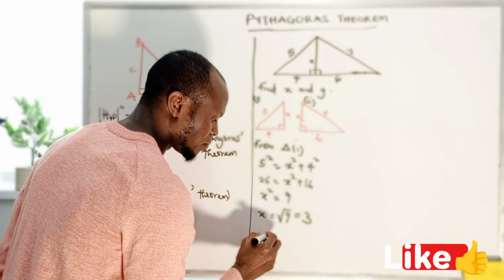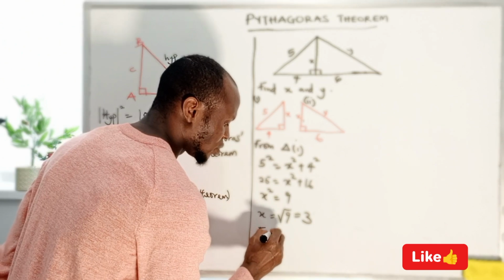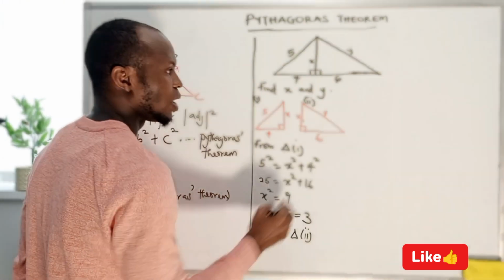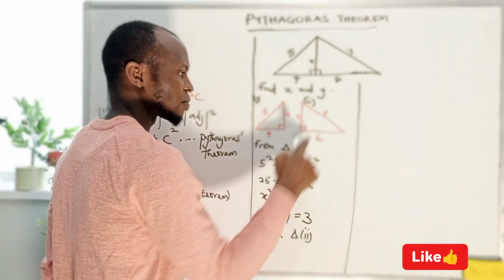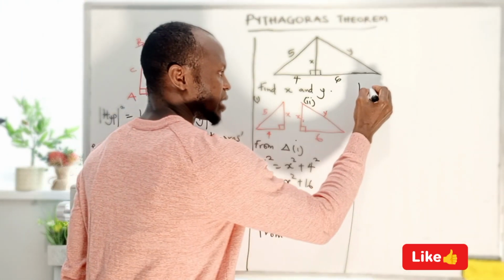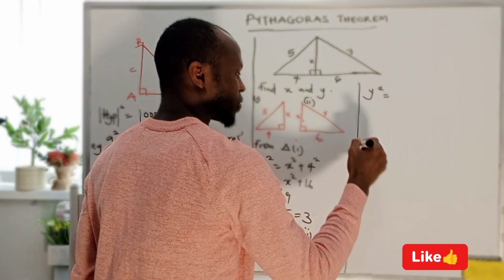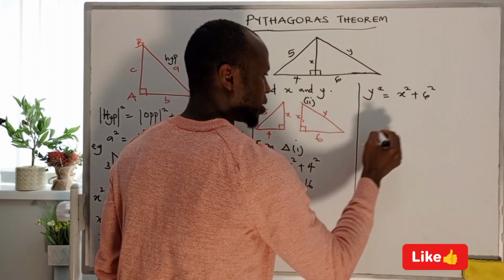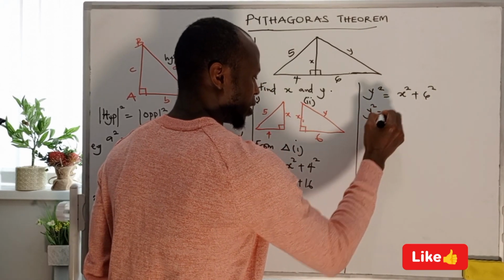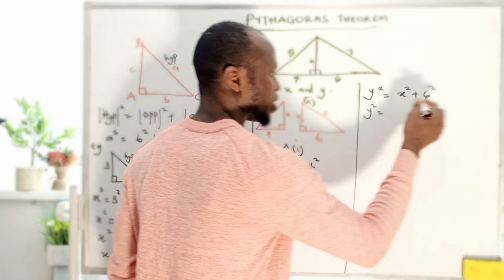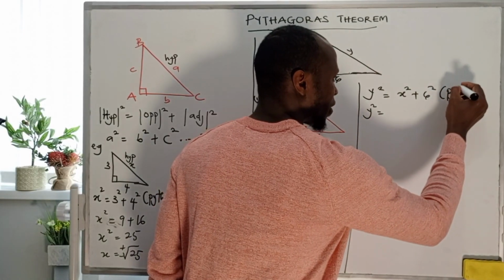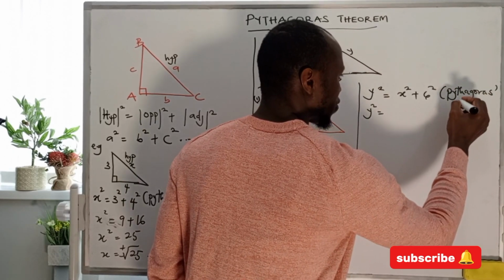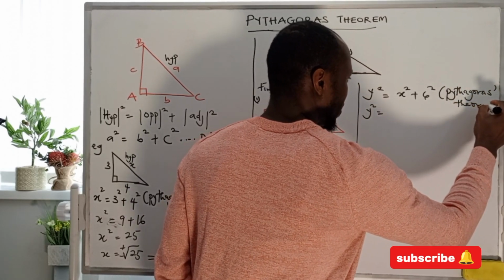From triangle 2, I have my hypotenuse to be y. That is y squared equals x squared plus 6 squared. Don't forget why these are equal: it is Pythagoras theorem. Always state it.